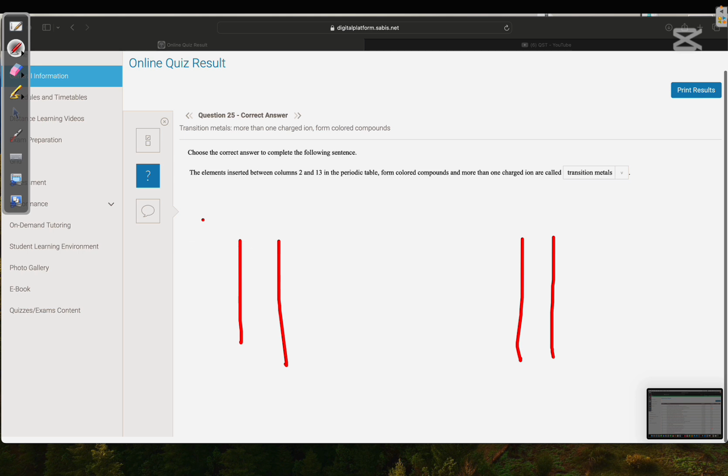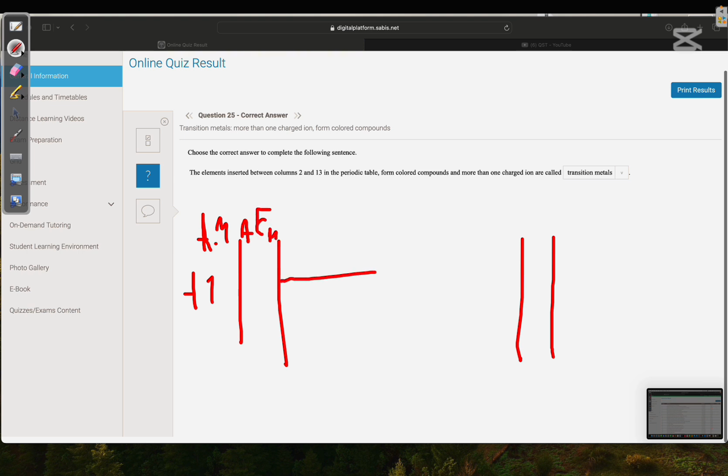Okay, so here alkali metals, they form plus one, and over here alkaline earth metals, which we didn't take yet, just alkaline earth metals.